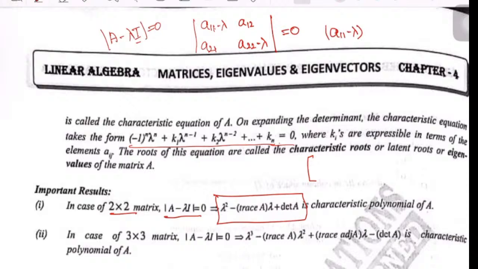A11 minus lambda into A22 minus lambda minus A21 into A12 is equal to 0. Multiplying this, lambda square minus A11 lambda plus A22 lambda plus A11 A22 minus A21 into A12 equal to 0. Here we can see lambda square minus A11 plus A22.